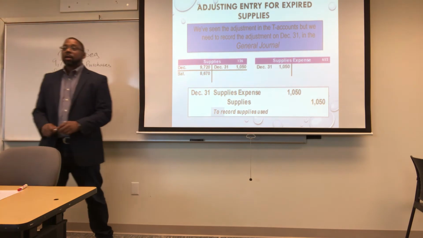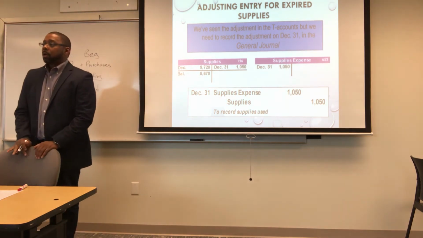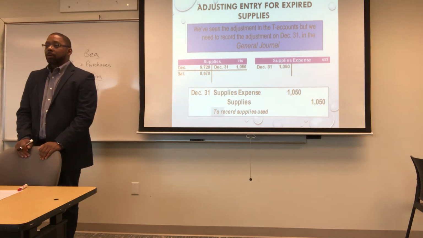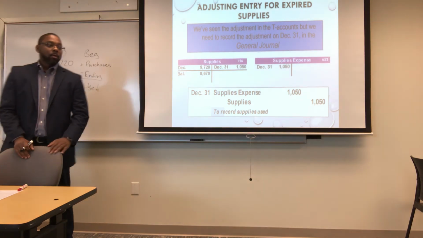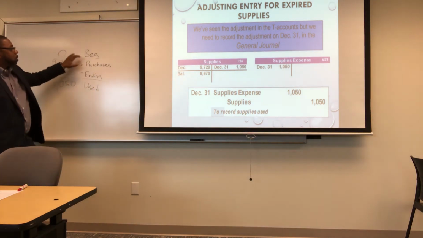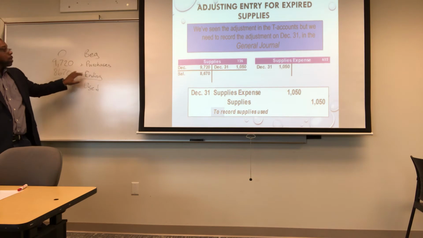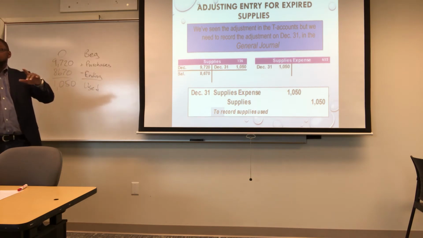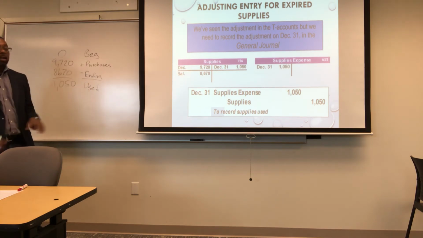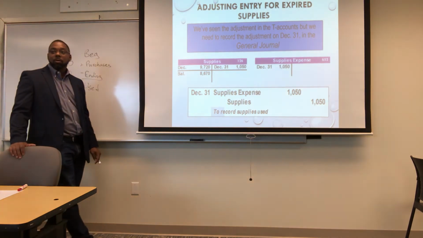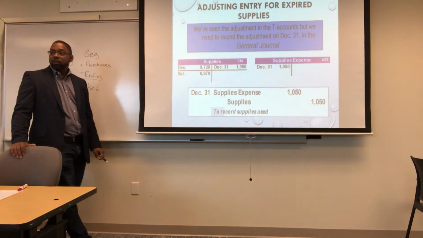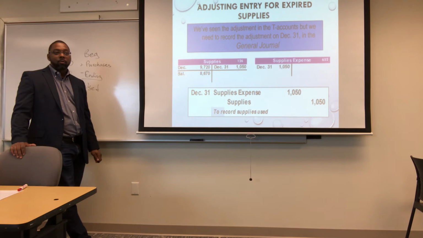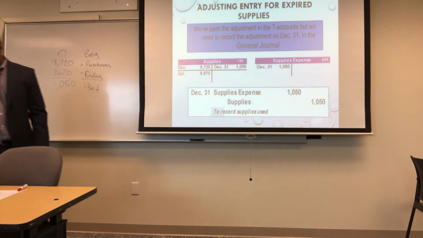So at the end of every period, they're going to do an inventory count. You'll take the beginning number plus whatever you purchase minus whatever that inventory count is. That'll be your ending to get what you've used, and you're going to debit the expense and credit the supplies for whatever you've used for that period.